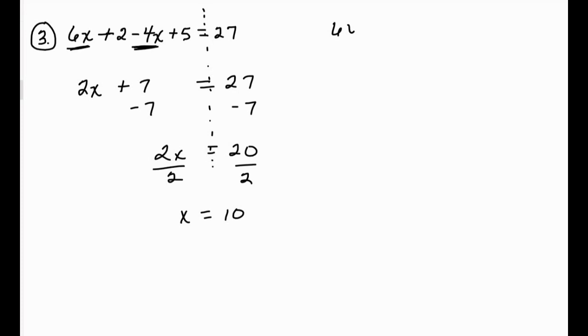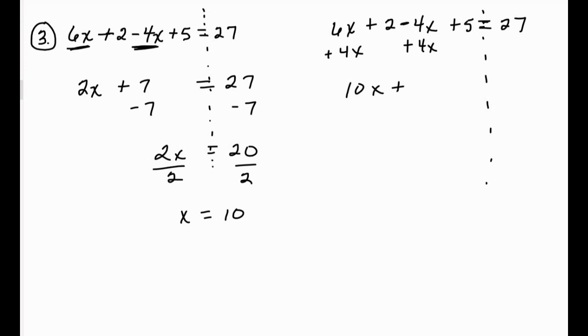Now I want to look at a common mistake that students make. Again, I'm going to draw my dotted line down here. And what students a lot of times will do is they'll see this minus 4x, and they're so used to doing inverse operations, they will want to add 4x here and here and get 10x plus 2, say that cancels out, then I have plus 5 equals 27.